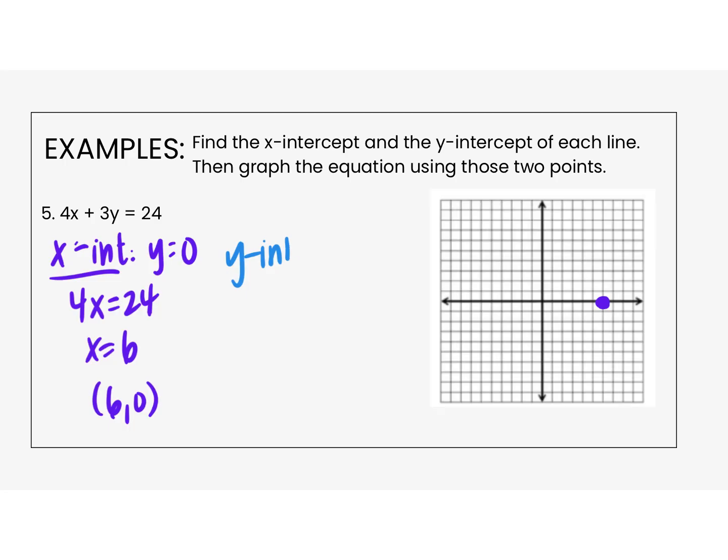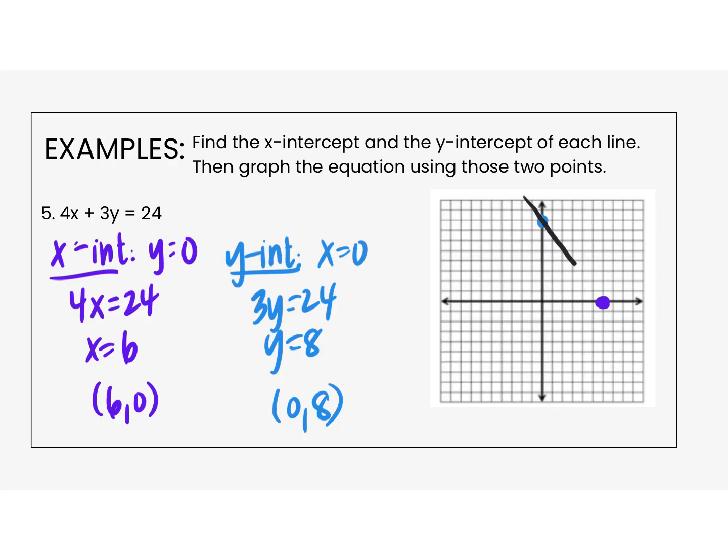Y-intercept means x equals 0, so I get 3y equals 24, so y equals 8. That gives me the point 0, 8. Let's graph that. It's going to be up here. And then connect your two dots. Oops, let me try that again. That's a little better. Okay, and that is finding intercepts and graphing in standard form.